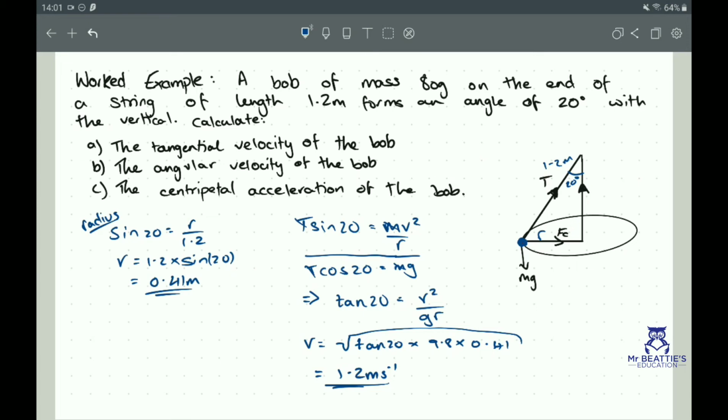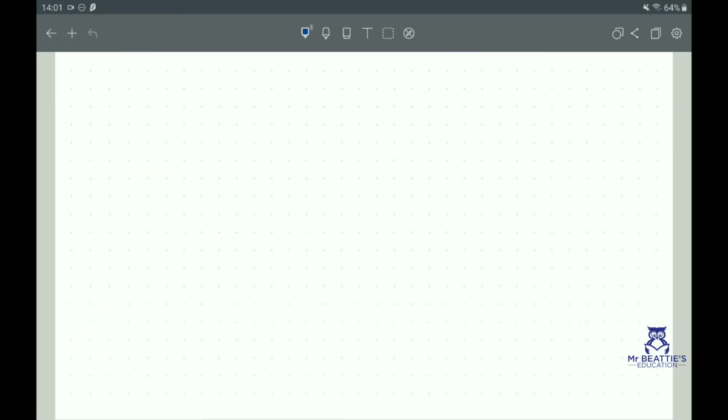Okay, now for b, it becomes a lot simpler, but we'll need a new page. How do we relate our tangential velocity and angular velocity together? We have an equation that we learned where v is equal to omega r. As we're trying to work out omega, omega is equal to v over r. So it's going to be 1.2 divided by 0.41, which is 2.9 radians per second.